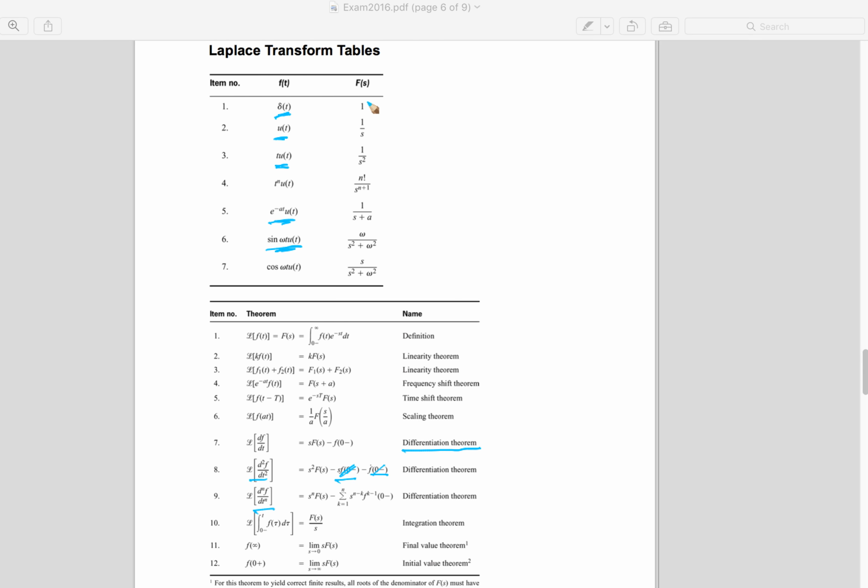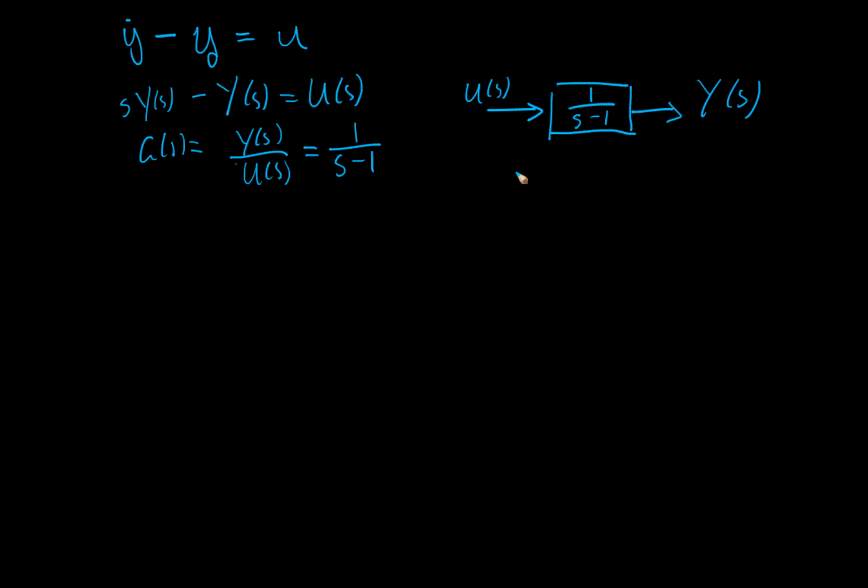So that's really easy. We can go back here and say, if U(s) equals 1, then Y(s) equals G(s) times U(s), by definition of G(s), and that equals just 1 over s minus 1, because that's what G(s) is.